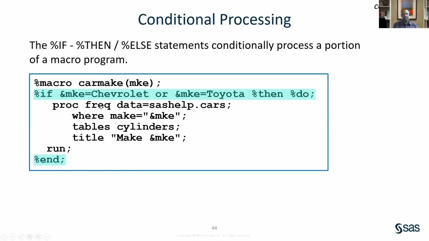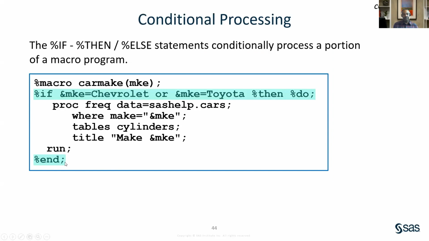And it's not a PROC PRINT, it's a PROC FREQ actually. And I'm using a TABLES statement to do a frequency on the cylinders. And then %END for the do block. And then further down you have a %MEND. So the point is you can submit code conditionally through a macro program.